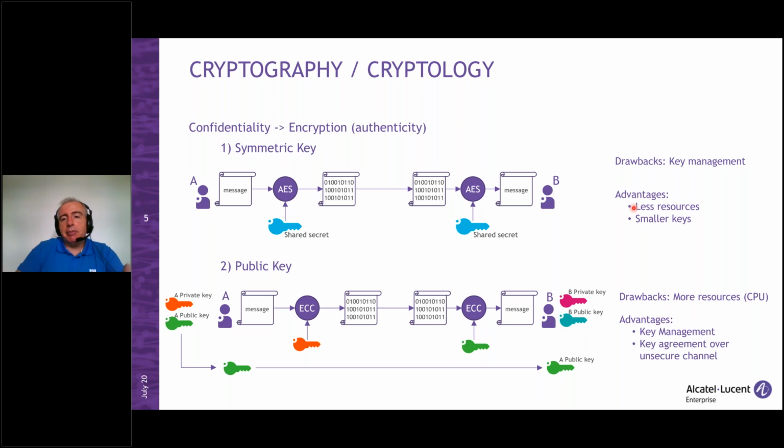What are the advantages? The advantage is that it consumes fewer resources than public key cryptography, and has smaller keys to provide a very good level of security. So today, for instance, again being commercial cryptography, it is quite secure.